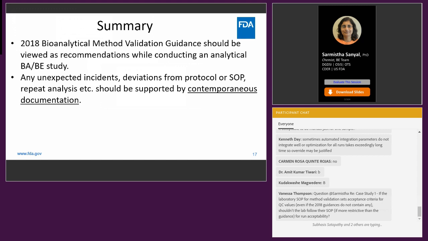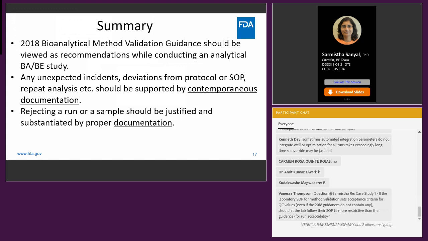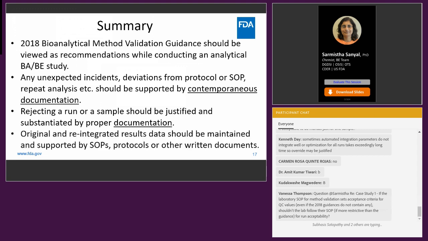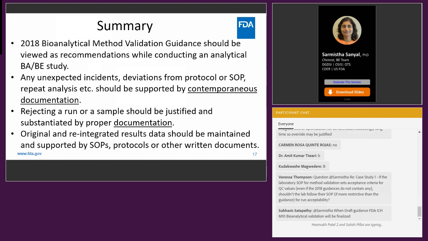Number two, rejecting a run or a sample should be justified and substantiated by proper documentation. And number three, think about the best practices for retaining study data. One way to do that is to maintain original and reintegrated or repeat data, and it should be supported by your firm's SOPs, protocols, or other written procedures.